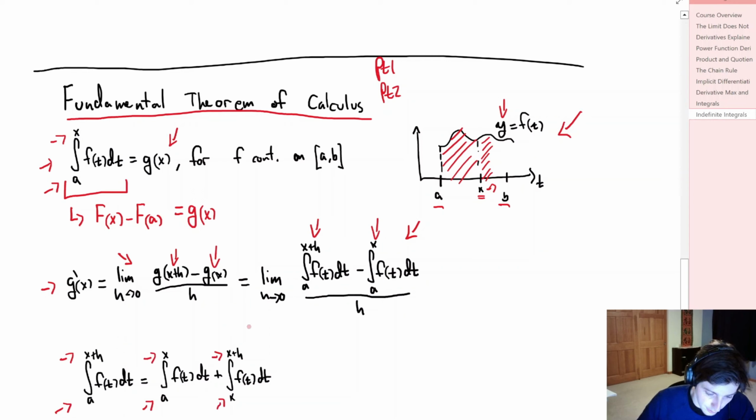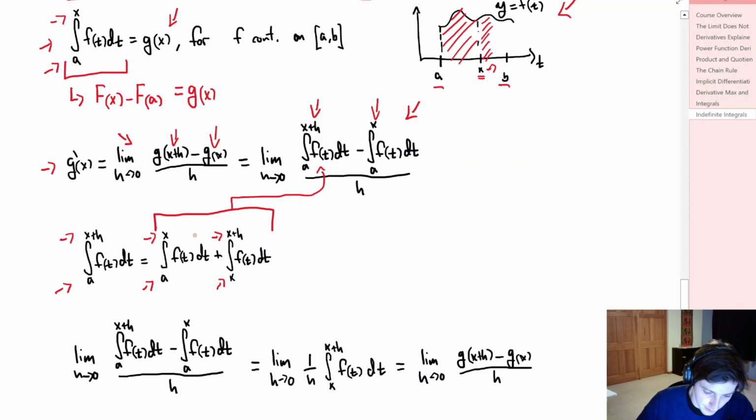If we plug this in, this term and this term cancel out, and we're left with just this term. So our integration limits are x to x plus h, and we set this equal to the standard definition of the derivative of g.